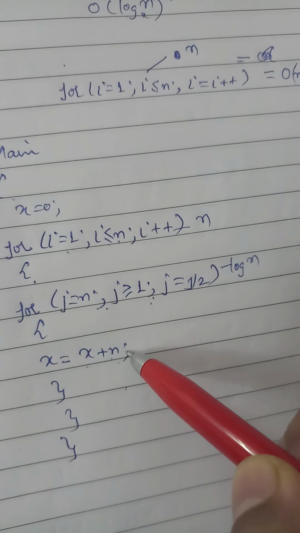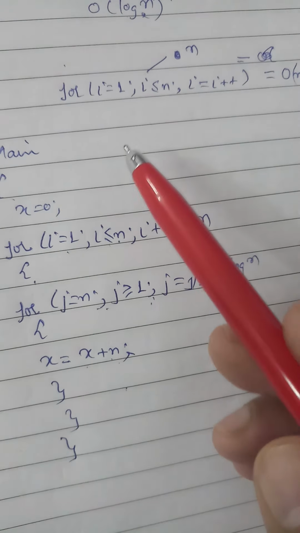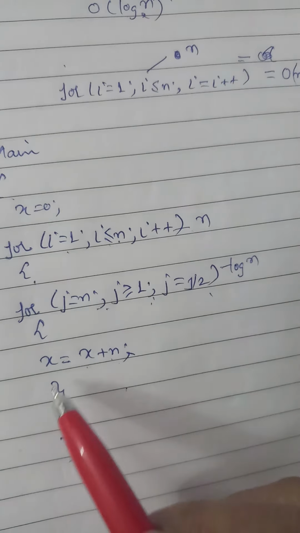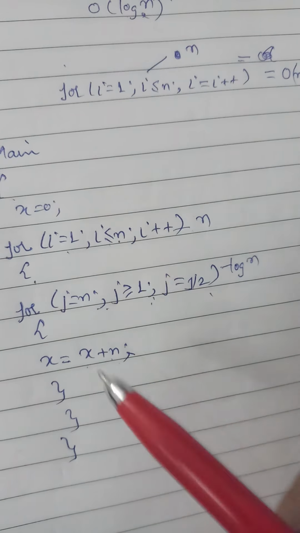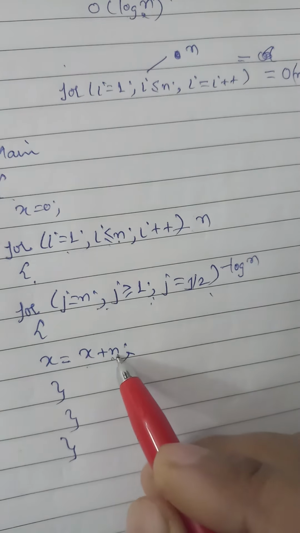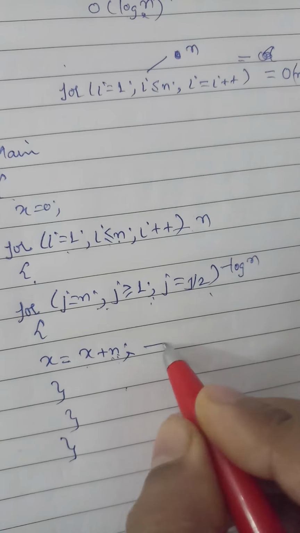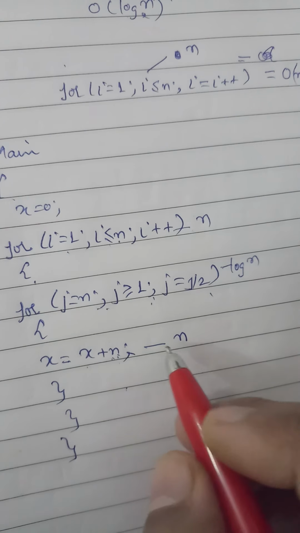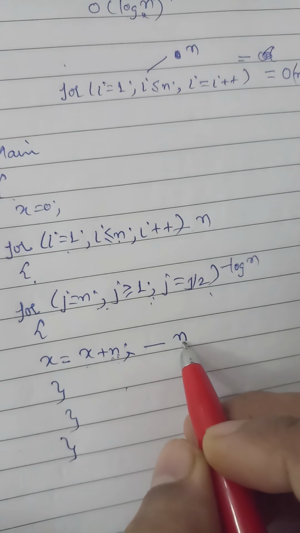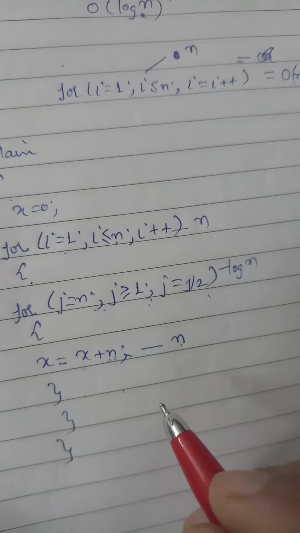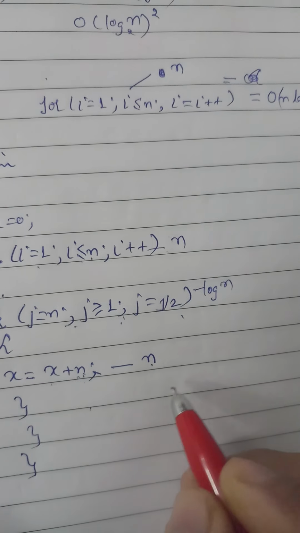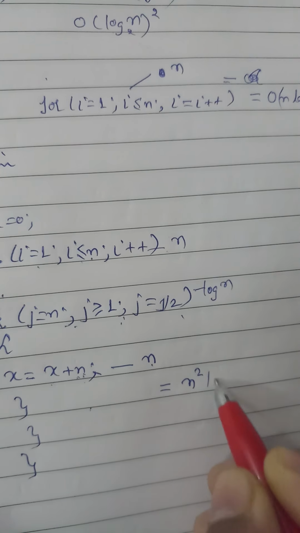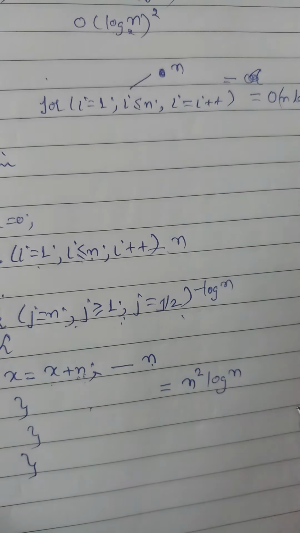So the time complexity according to this loop will be log n. But here x is 0 initially, and every time n is added, so that's why it will also run n times. That's why our time complexity will be n square log n.